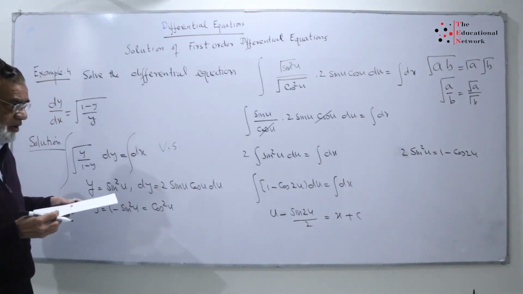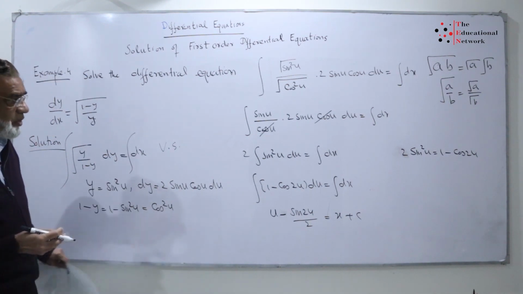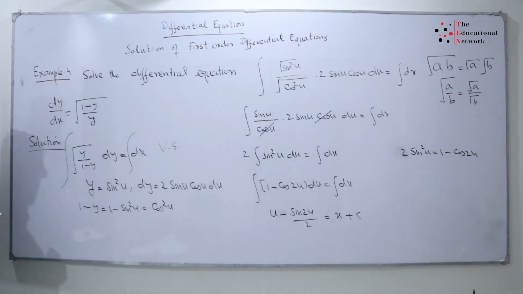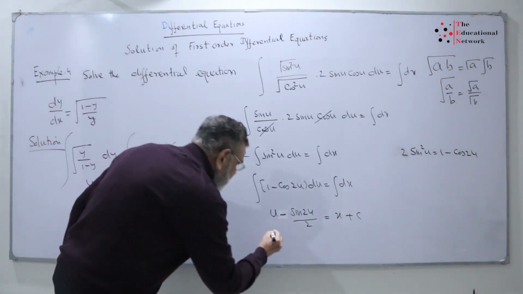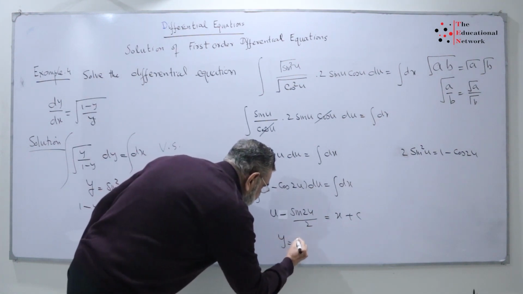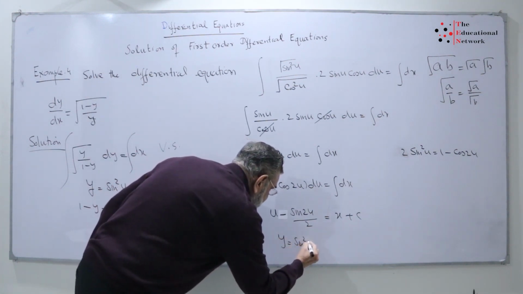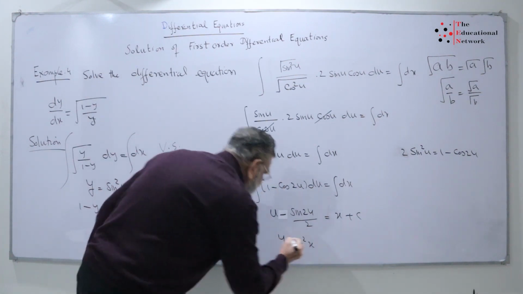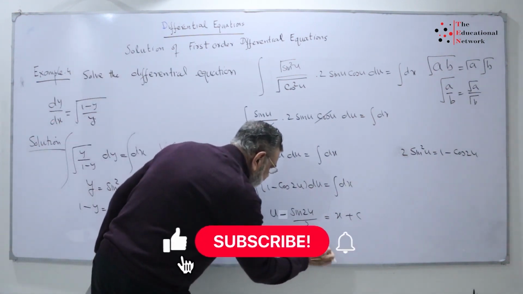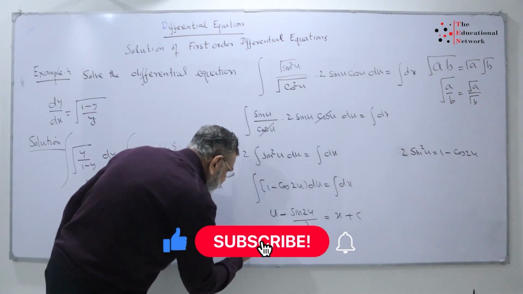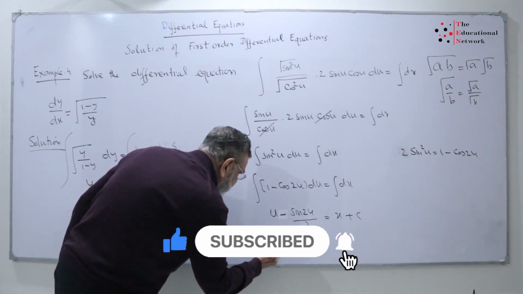Now we substitute back, and we can write the value of u. What's the value of u? It is given by y equal to sine square u, where we can find the value of u.